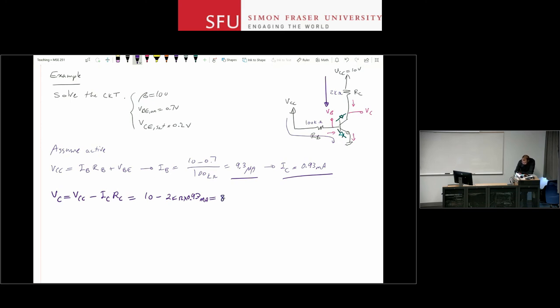And that's 8.14 volts. Okay? And that's it. And then you're going to go and check if it is active. I'm going to leave that to you to make sure that it is active. So it's just a quick example. I actually thought that this was going to be in saturation. It's not going to be.